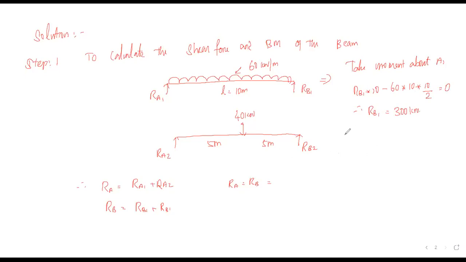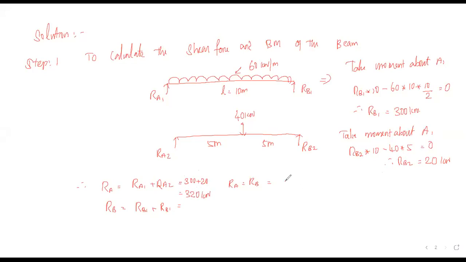Similarly, take moment about A: RB2 into 10 minus 40 into 5 is equal to 0. Therefore, RB2 is equal to 40 into 5 divided by 10, which becomes 20 kilonewton. Therefore, the total shear force is 300 plus 20, which becomes 320 kilonewton.